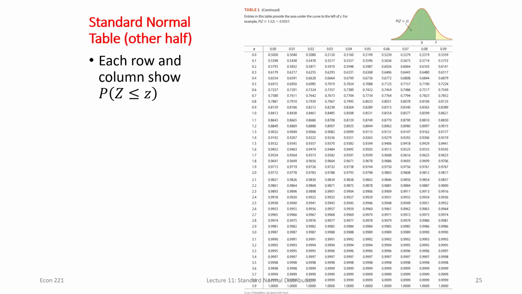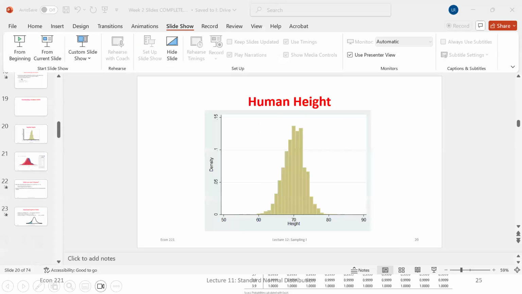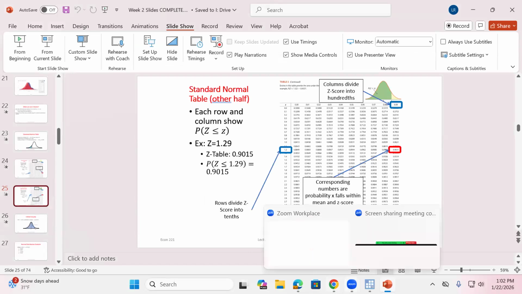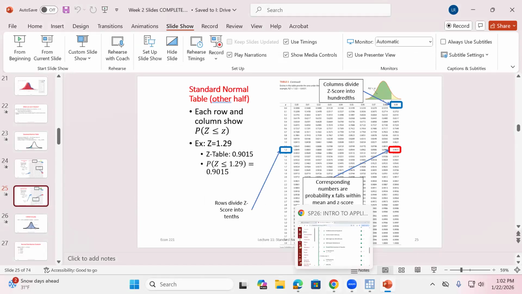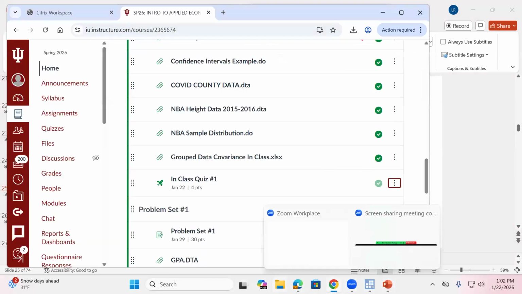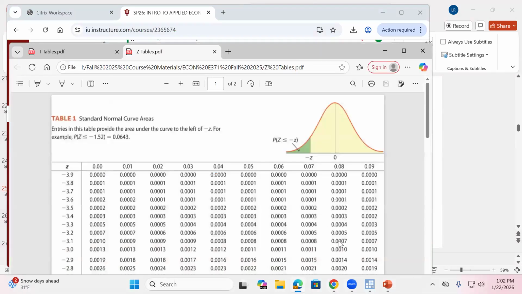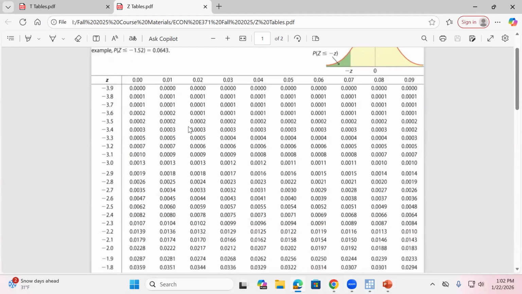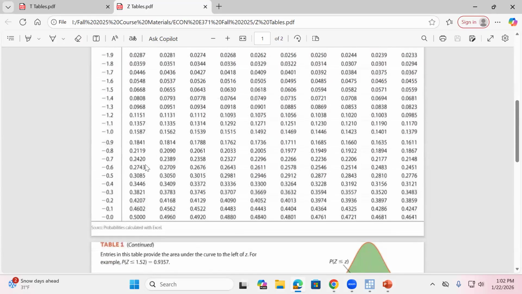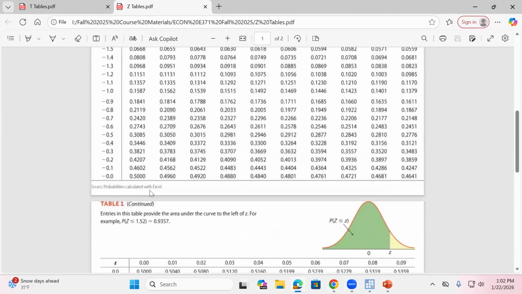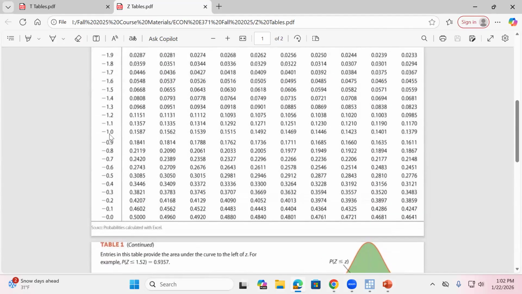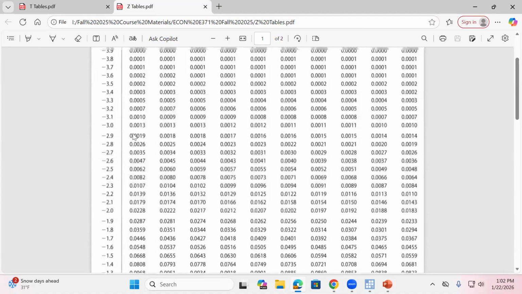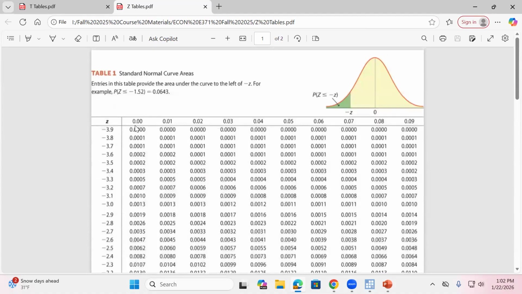So I could go to my table. Here I have the Z table pulled up, and I put this on Canvas for us. Let's see, where is it at? There it is. So if I've got this Z table, well, -1, so -1.00.